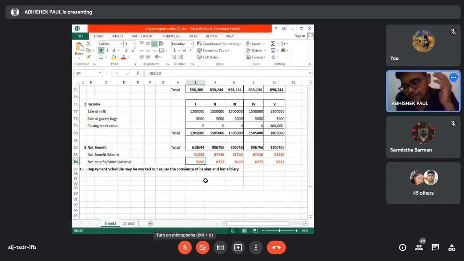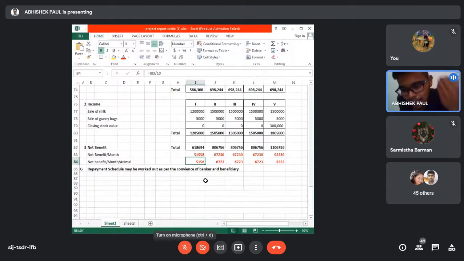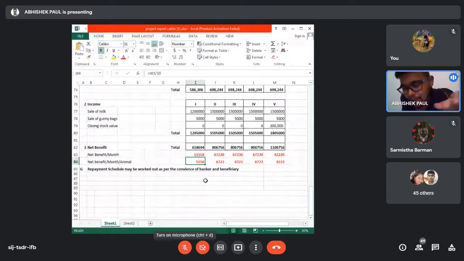And the project formulation is very, very important. Why? After completing your degree, or even within this period, someone will definitely ask you, I want to start one farm, and I want to apply for a loan from the bank, so I need one project report.